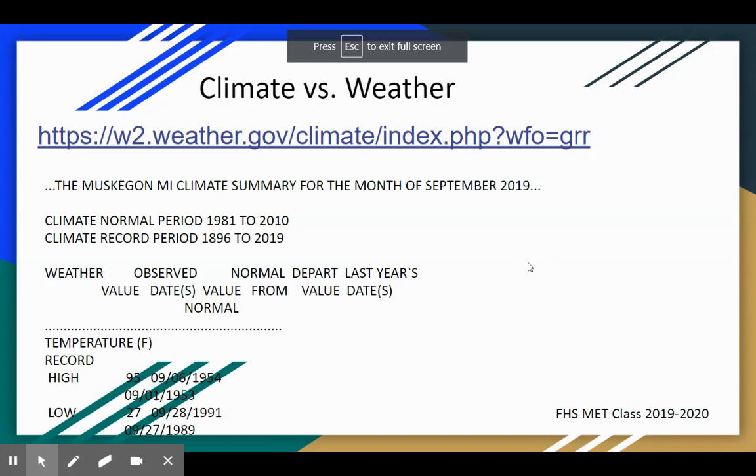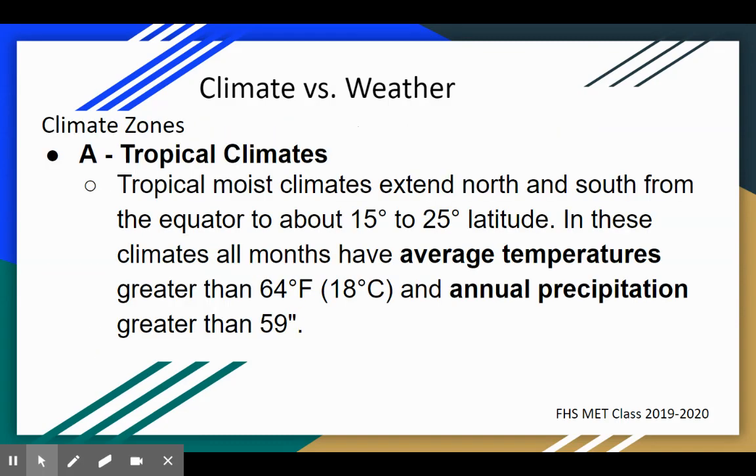Okay, so the second part of this, again, the first part is climate versus weather. Remember, weather makes up the overall climate, and it's based on that 30-year average. Climate can be broken down into different zones, and those climate zones are based on temperature and precipitation.